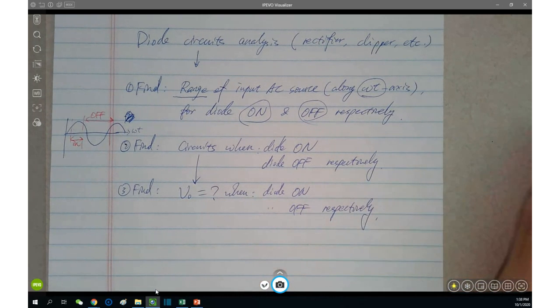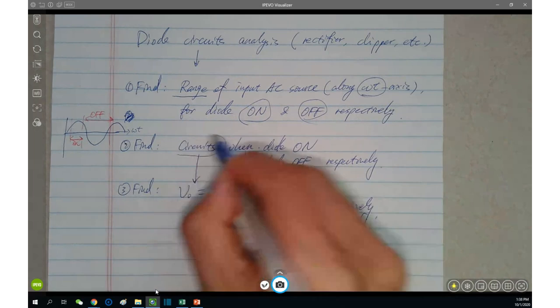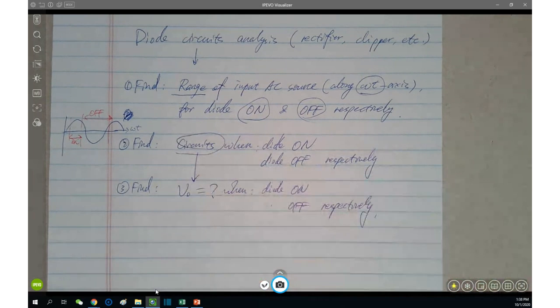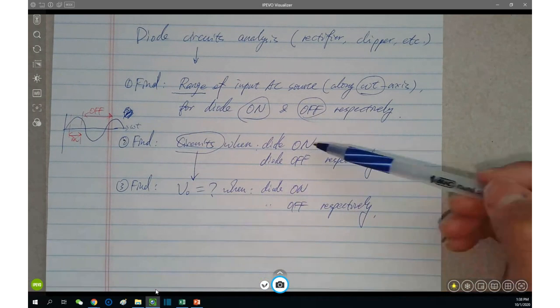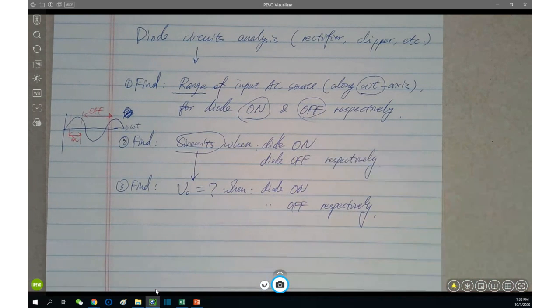Does it make sense? Without the circuit at on or off, how can you find the output? It doesn't make any sense, because when the diode is on and off, they have different circuits, right?